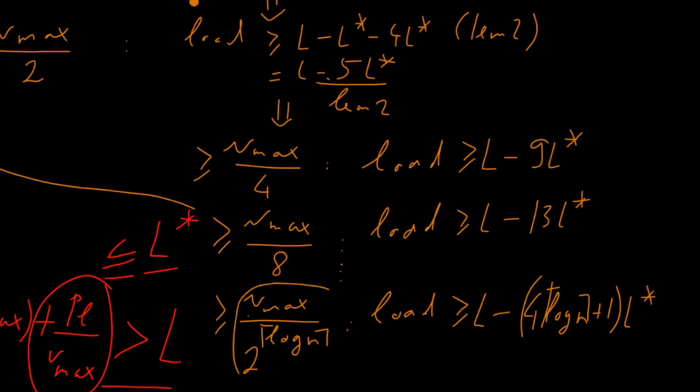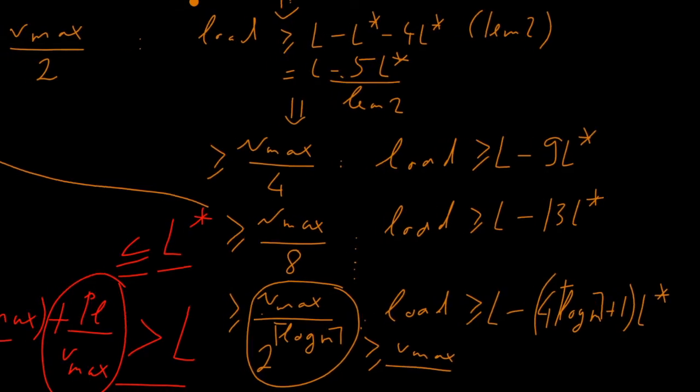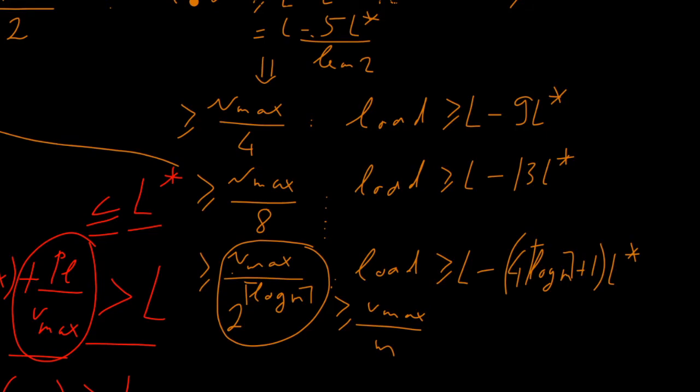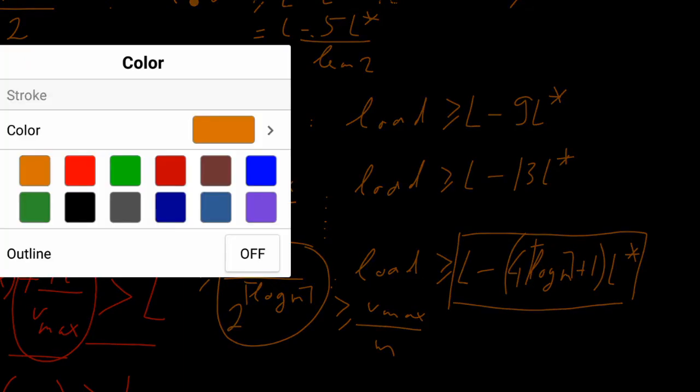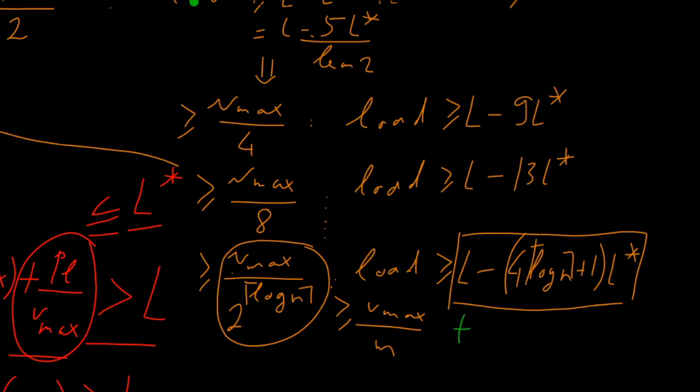Because this is at least V max divided by m. So it means that all the fast machines have a relatively large load. So the fast machines have this load, at least, or even more, each of them.